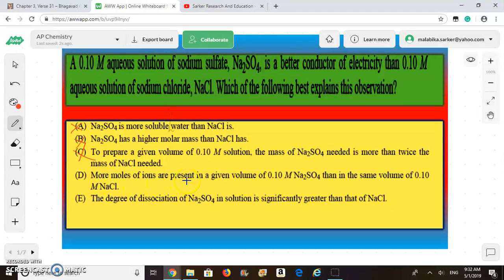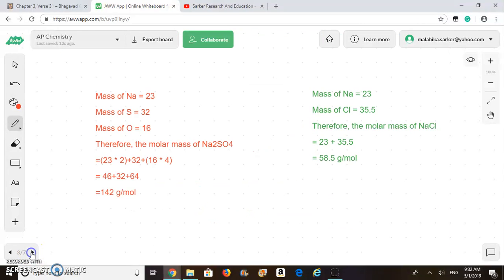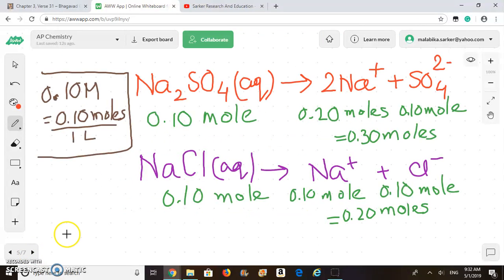D. More moles of ions are present in a given volume of 0.10 molar sodium sulfate than in the same volume of 0.10 molar sodium chloride. Let us look at that now. So 0.10 molar means, as we discussed, that molarity means moles in 1 liter. So that means we actually have 0.10 moles in 1 liter.